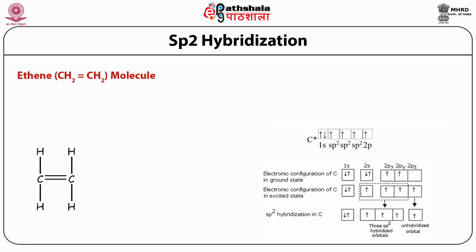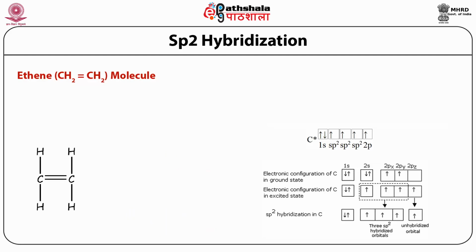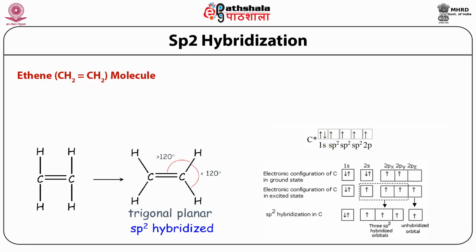Now let us discuss the sp2 hybridization. There are other carbon-based compounds and molecules which have a double bond between the carbon atoms, such as ethene, that is C2H4, which is represented by CH2 double bond CH2.